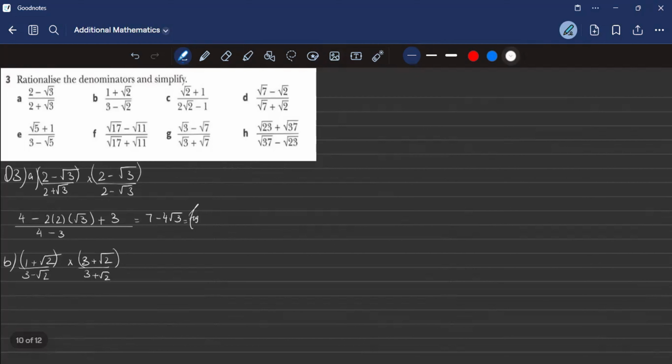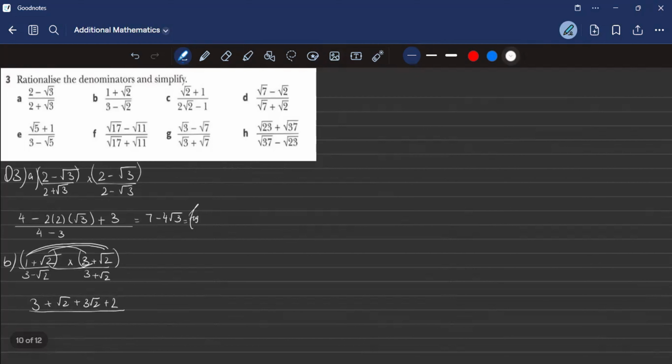Yeah, so FOIL method here, first and first. So 3. And then outer and outer value plus under root 2. Inner and inner value multiplied plus 3 under root 2. And the last value of both of them, under root 2 multiplied by under root 2, is equal to 2.